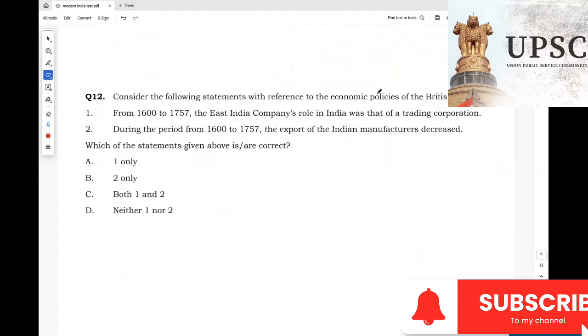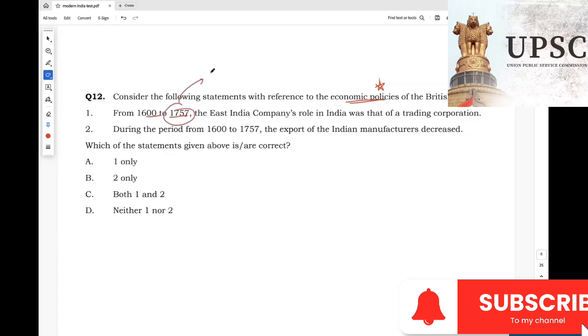Consider the following statement with reference to the economic policy of the Britishers in India. Very important. Please go through all the economic policy from 1600 to 1757. The East India Company's role in India was that of a trading corporation. Obviously, we all know that. Why?